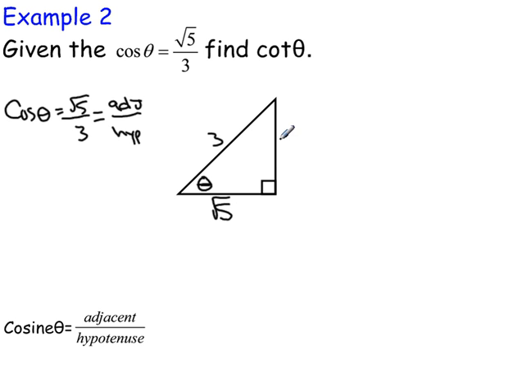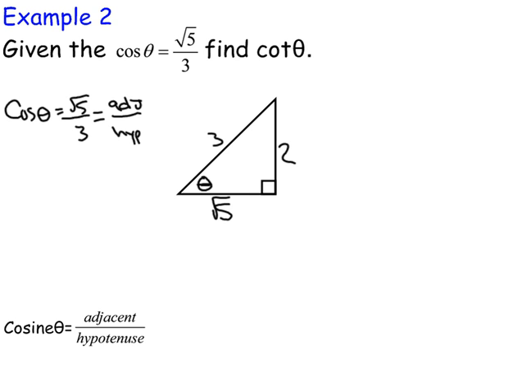So use the Pythagorean theorem to find the other side. I'm not going to go through the Pythagorean theorem for finding the other side. I'll just say it's 2, but you should definitely check out how I got 2. And if you don't understand how I got 2, you should ask in the comment section.